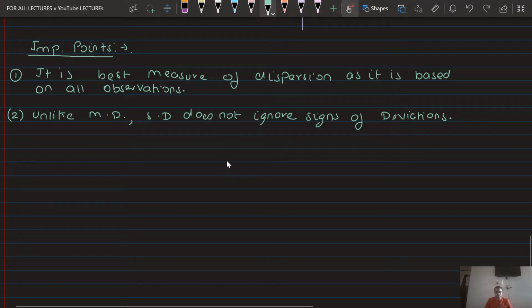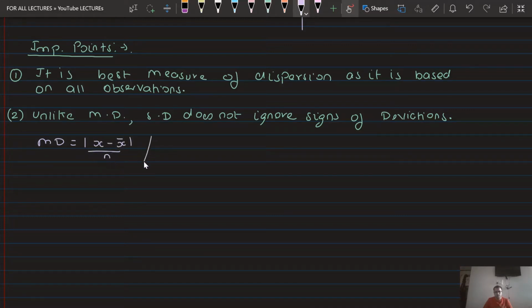When we talk about the mean deviation, if you remember your formula, we had modulus of x minus x bar upon n, or for median modulus of x minus median upon n, and the same thing was also done for the mode. So when we are taking the modulus, it means that we are not giving any importance to the signs of the differences, that is the signs of the deviations.